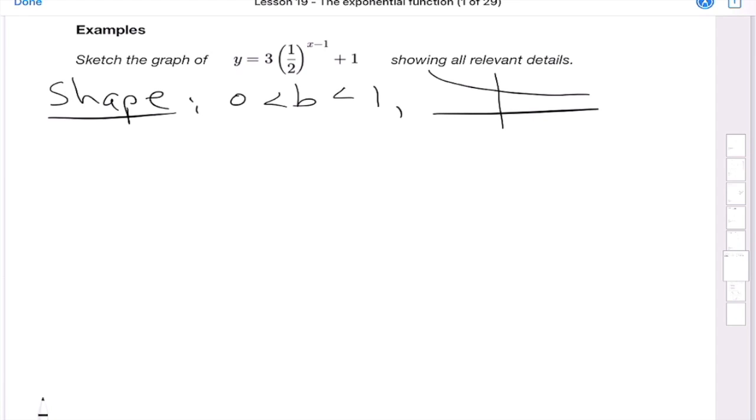In particular, because a is also equal to 3, which means a is positive, this tells me that the graph should be sitting somewhere above the asymptote. So I know the shape. So let's find the asymptote.